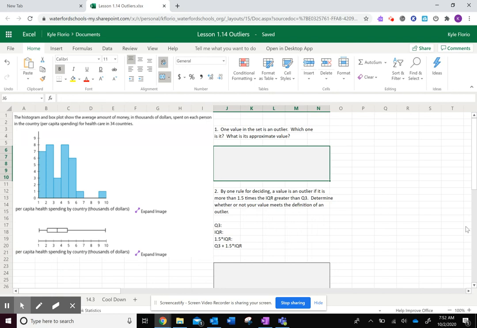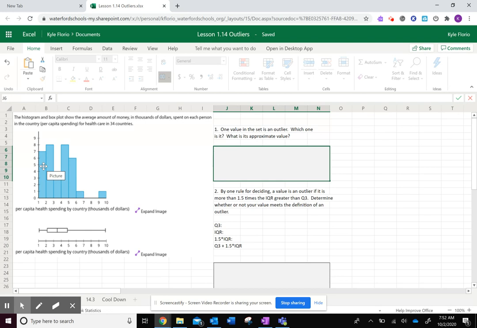This histogram represents the average amount of money in thousands of dollars spent on each person in the country per capita for healthcare in 34 countries. We also have a histogram and a box plot. One of the values in the set is what's called an outlier, and which one of the values is it approximately? The outlier is the one value that doesn't seem to match the data.